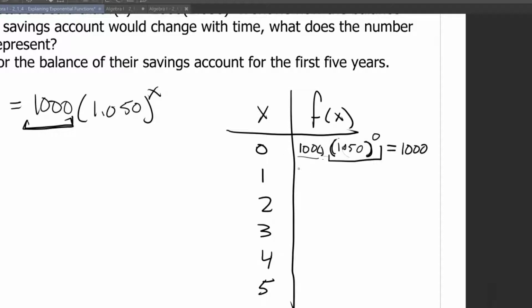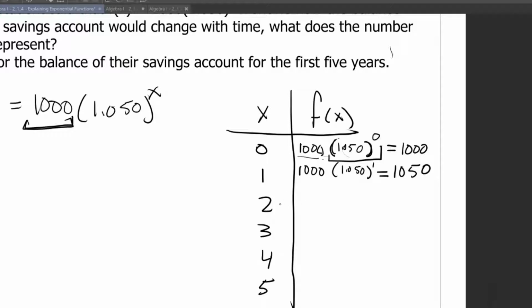Okay, so at t equals 1, 1,000 times 1.050 to the 1 power. So this thing to the 1 power equals itself. So 1,000 times 1.050 equals 1050.